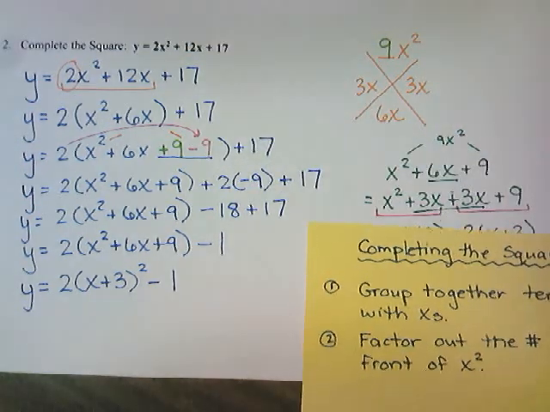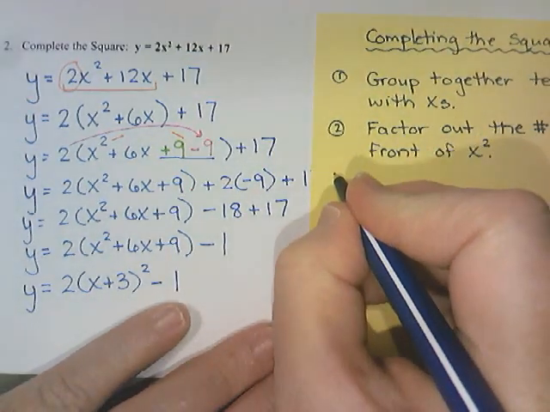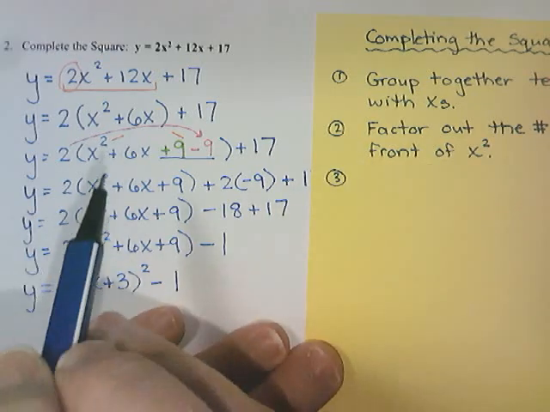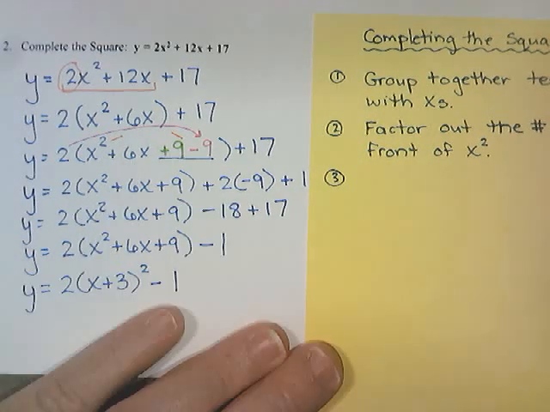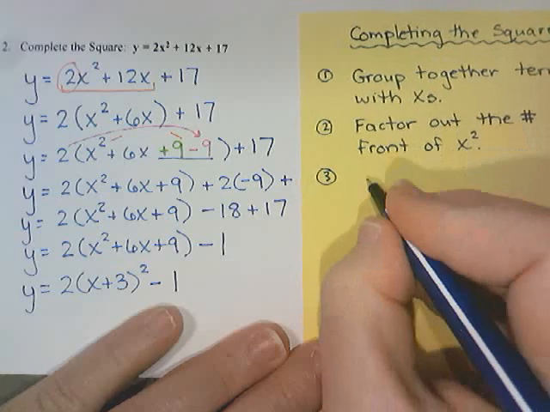Okay, so how are we going to write that out? So this is step 3. We are going to find two numbers that are the same that add to the middle term.